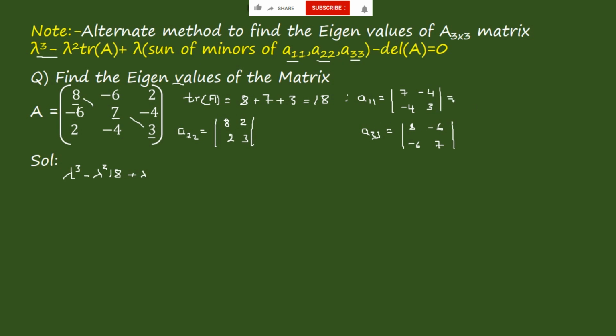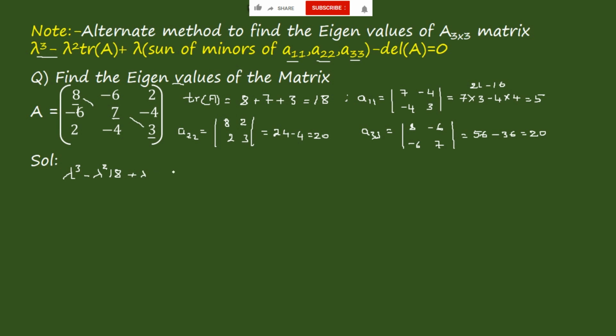It becomes 7 into 3 minus minus of minus, 4 into 4, so 7 into 3, 21 minus 16, which becomes 5. Then 8 3s are 24 minus 2 into 4, which is 20. Again 8 7s are 56 minus 36, which is 20.